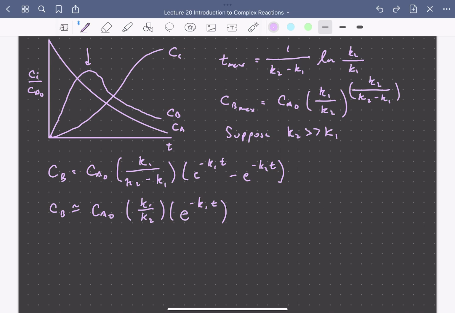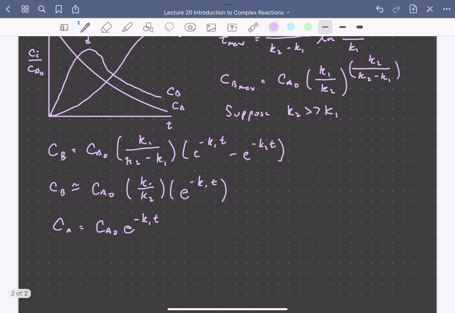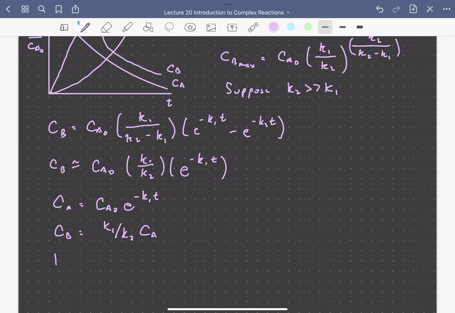So if we remember that Ca in this problem was equal to Ca naught times e to the minus K1t, and Cb is simply equal to K1 over K2 times Ca, then we can write that K2 times Cb minus K1 times Ca is equal to 0.